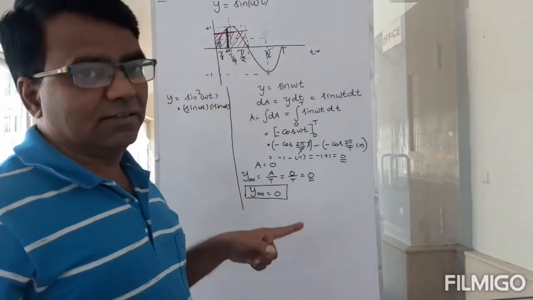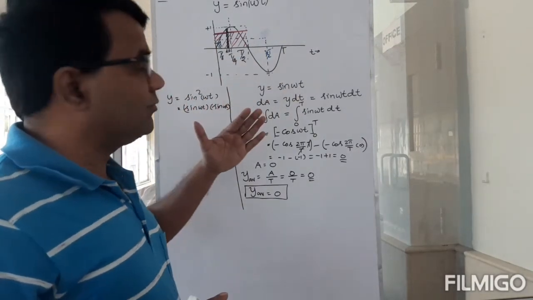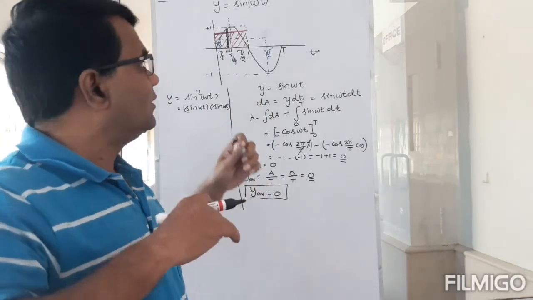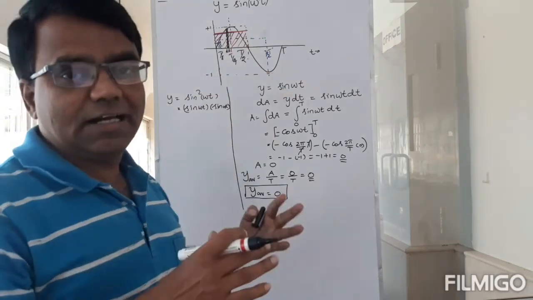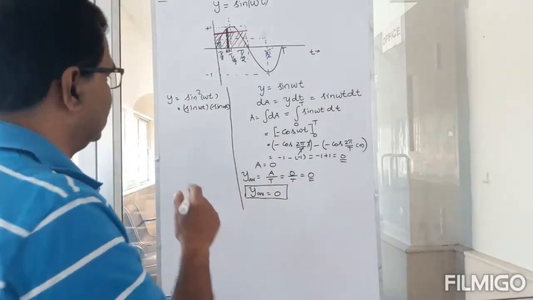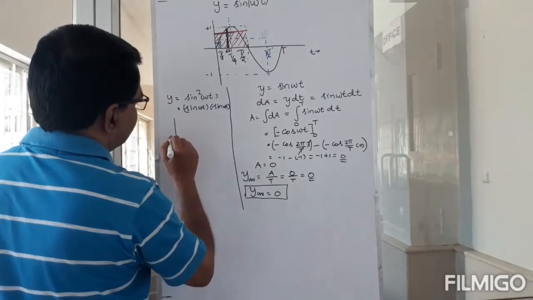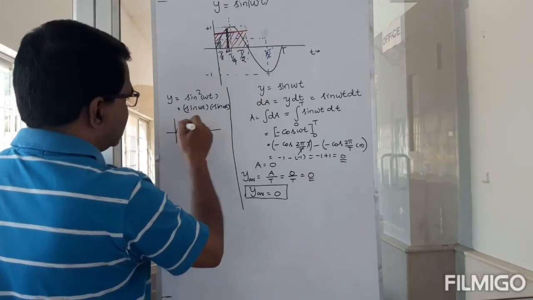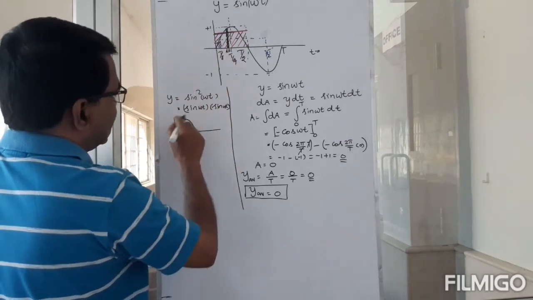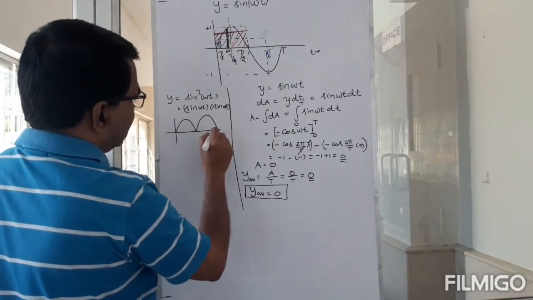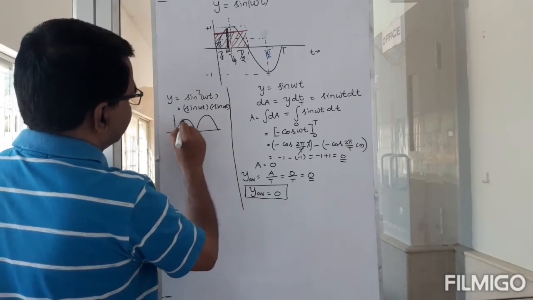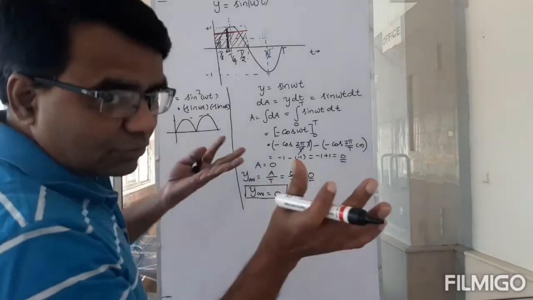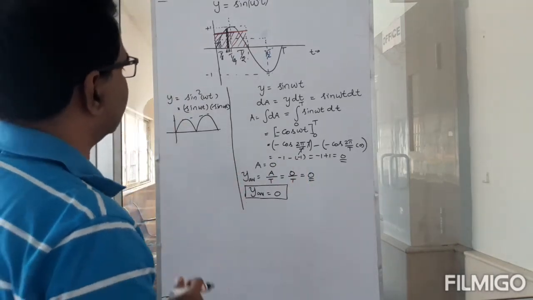So over one full cycle, you will still have a positive area. You will never have a negative area. So this area is going to be something like this. For the first half, and then the next half also will have the same thing. You can see that they must be at the same height.